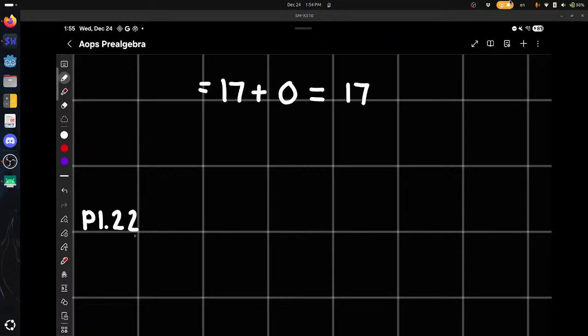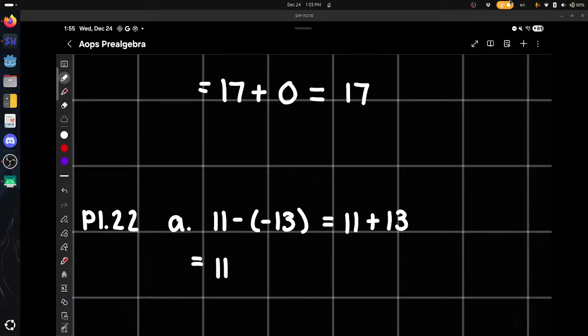Problem 2. Use the definition of subtraction to explain the following equations. Okay. So we'll start with A. 11 minus the negation of 13 equals 11 plus 13. Okay, so I think we'll start with the left hand expression.